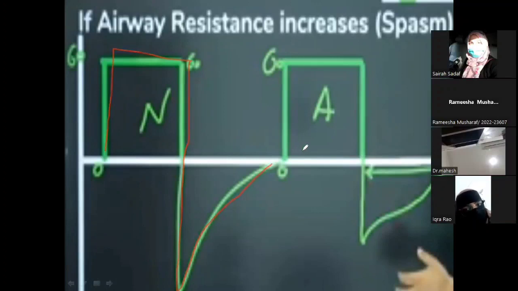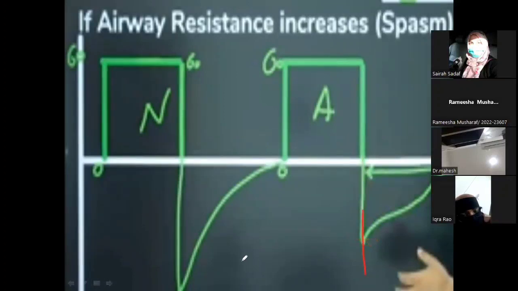Now, what happens when there is resistance? The inspiration will be almost the same. The problem starts when the expiration starts, because in conditions like asthma or COPD, there is usually a problem related to expiration, and there is always air trapping. So what happens there? There will be no rapid fall, and if there is a rapid fall, it will be very limited.